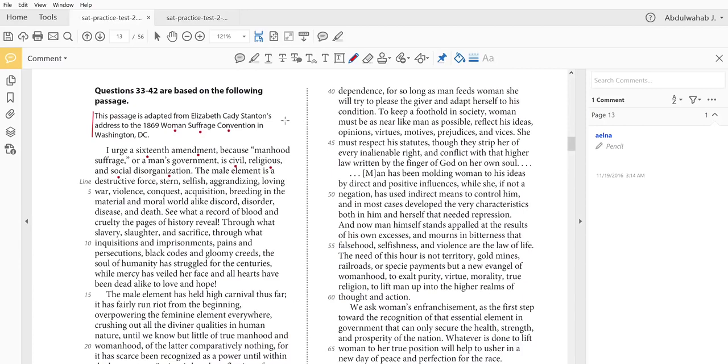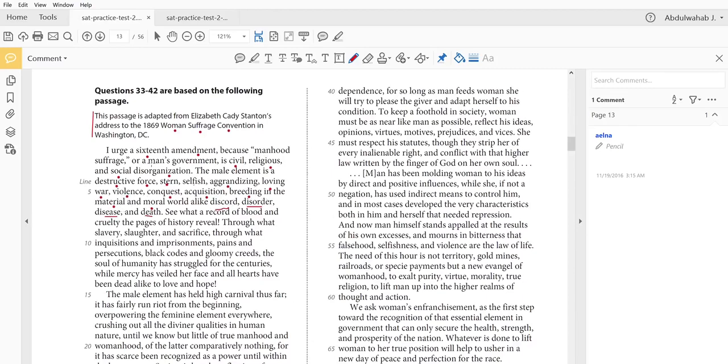"The male element is a destructive force, stern, selfish, aggrandizing, loving war, violence, conquest, acquisition, breeding in the material and moral world alike, discord, disorder, disease, and death."